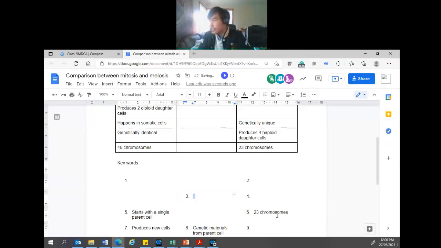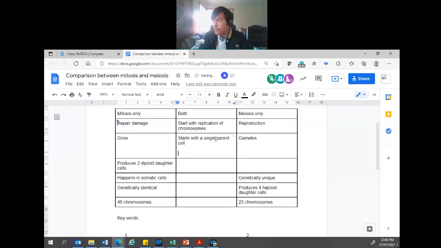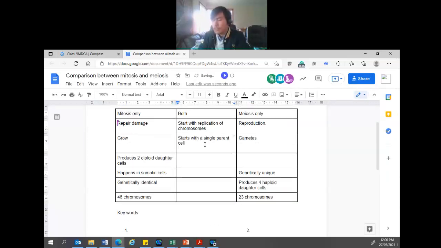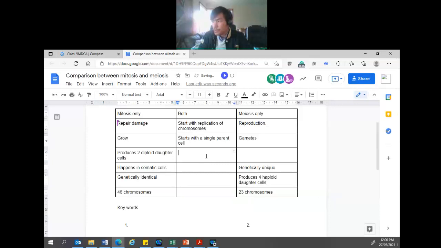Let's get rid of this and this one. So what else do we have? They both start with a single parent cell. And they both produce new cells.